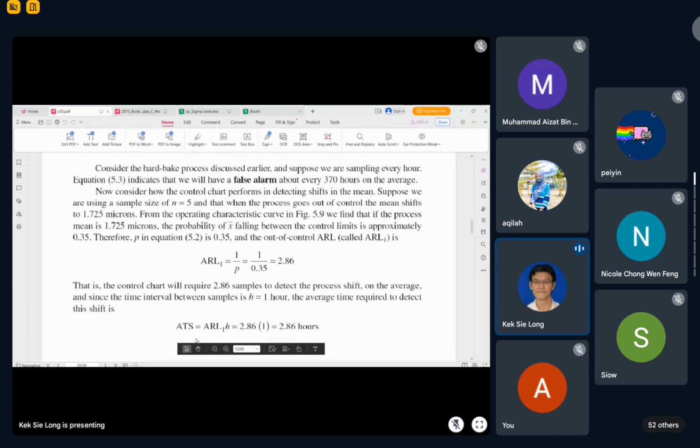This phrase is very, very important: on the average. And then for the time interval h equal to 1 hour, the average time required to detect this shift is, you see, we still calculate ATS, but we use ARL1 multiplied by h, which is 2.86 hours.